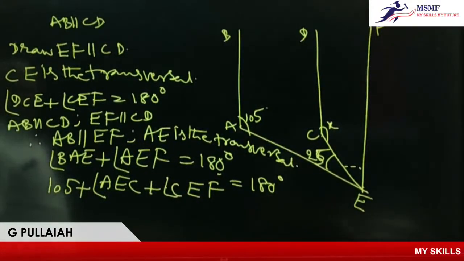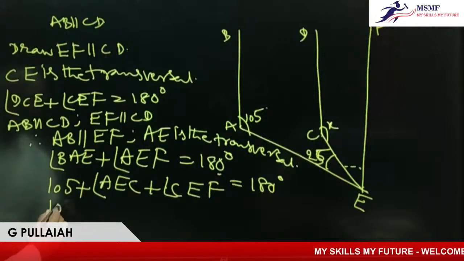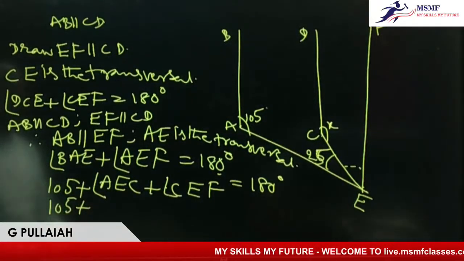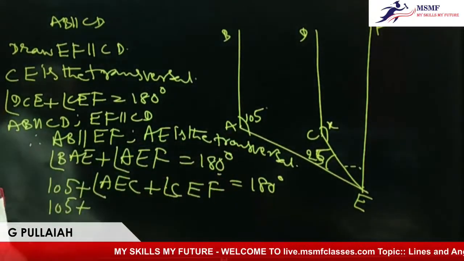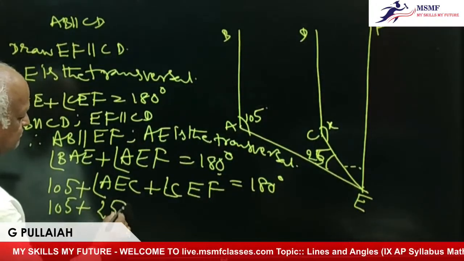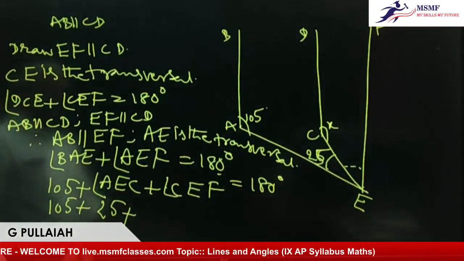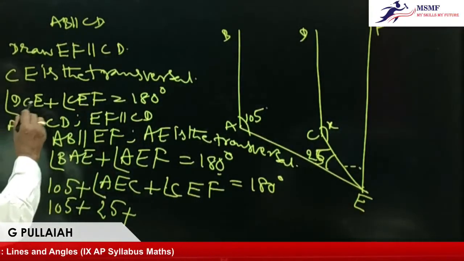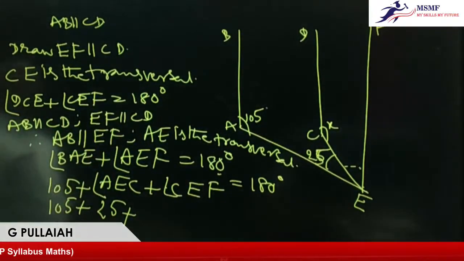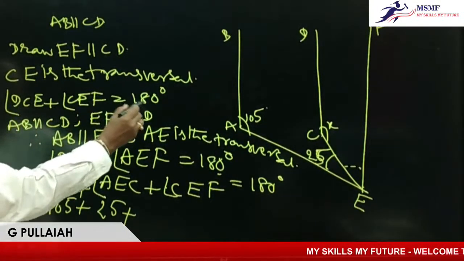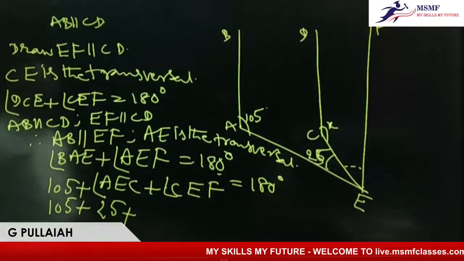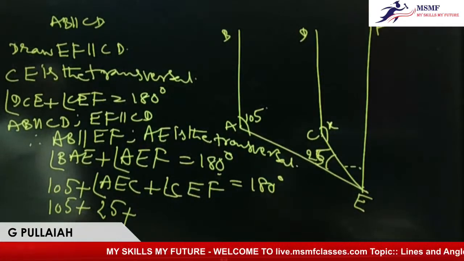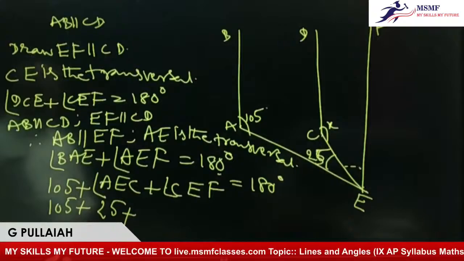So now here, you know this is 105 plus AEC is 25 degrees plus, now let us see the CEF. Come to the CEF. DEC plus CEF is equal to 180 degrees. So now here CEF is equal to 180 minus DEC.